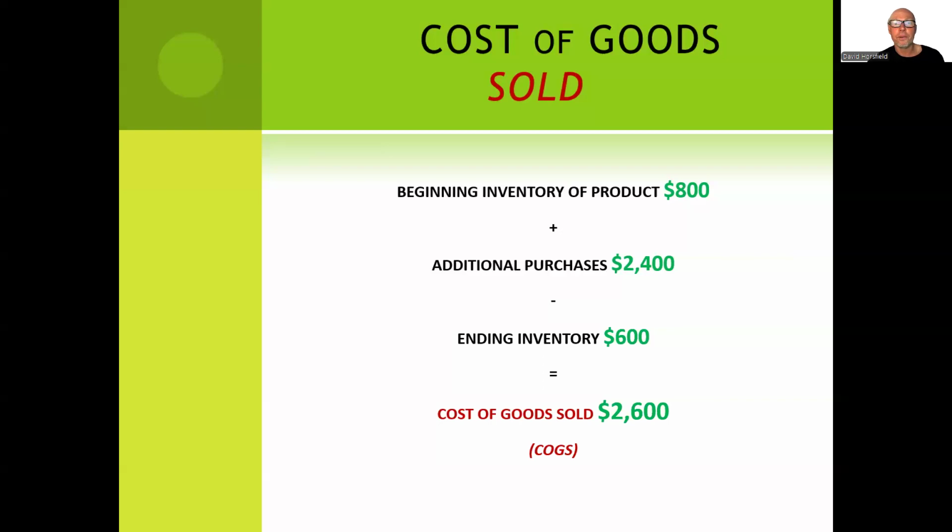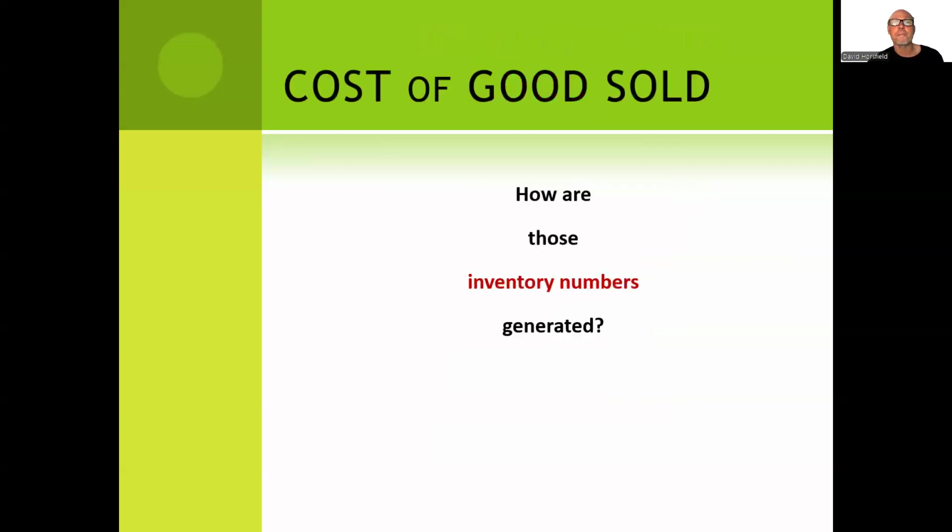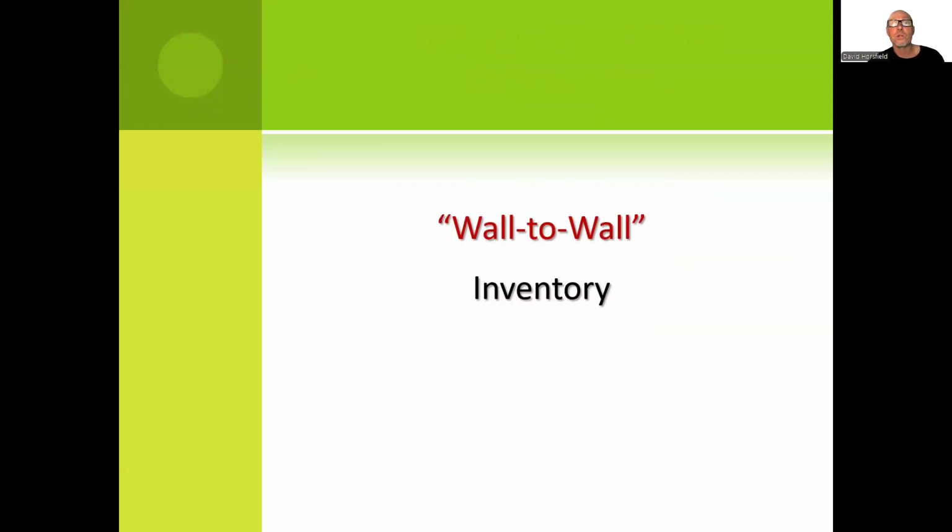Okay, now what do we do with that? How do we get to this? So how are those numbers generated? Well, that's where this concept of a wall-to-wall inventory comes in. So wall-to-wall inventory, what does that reference imply?